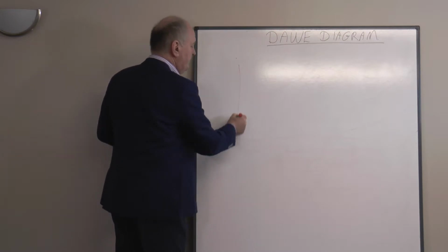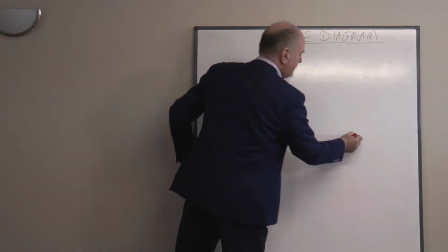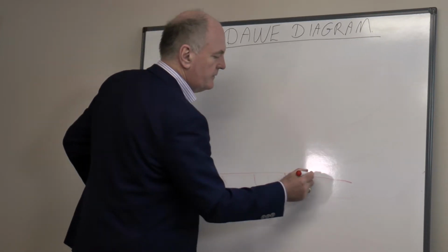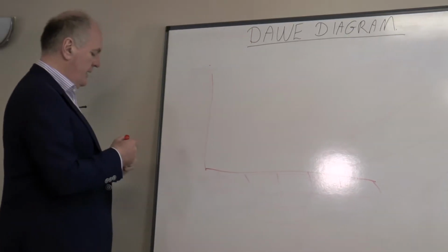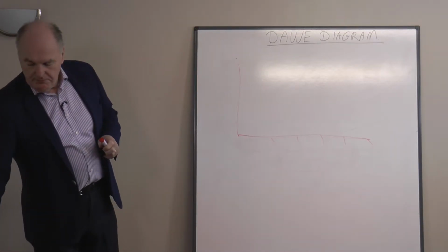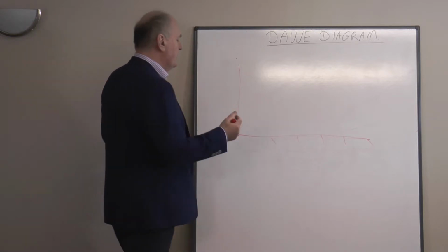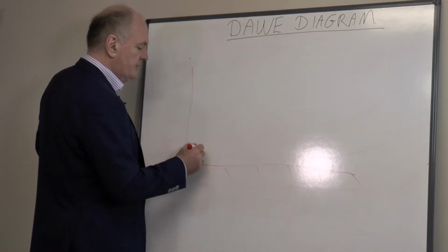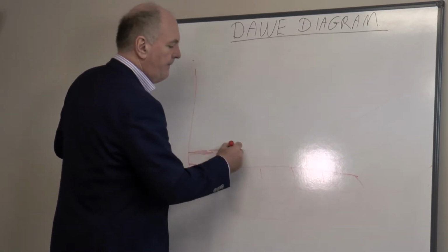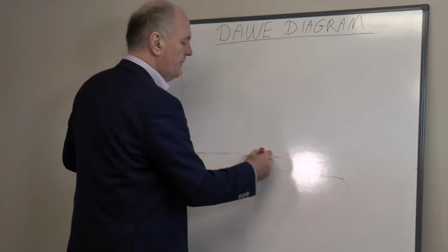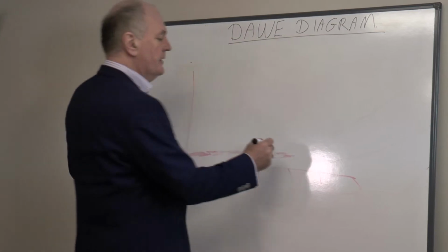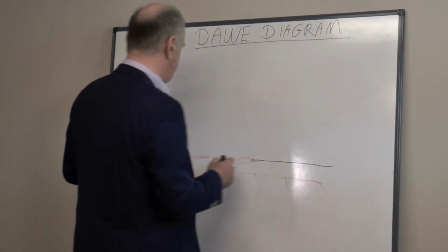So what we can do now, taking that chart again, is make it red if it's costing you money, and black if it's making you money.